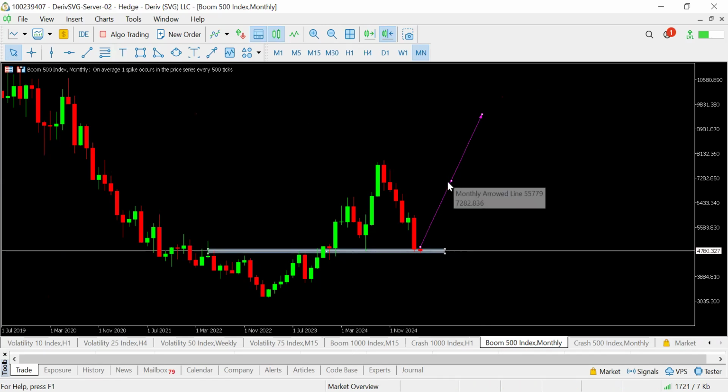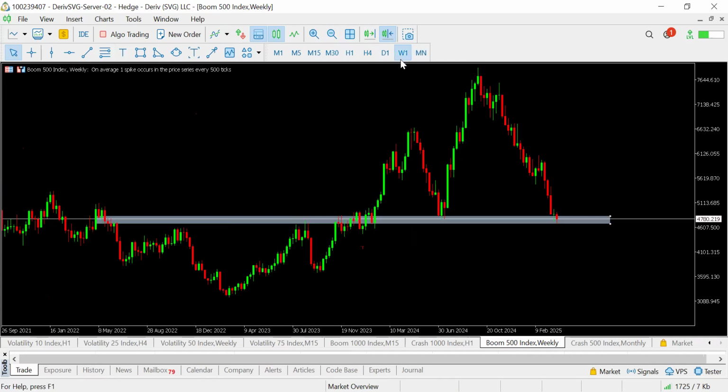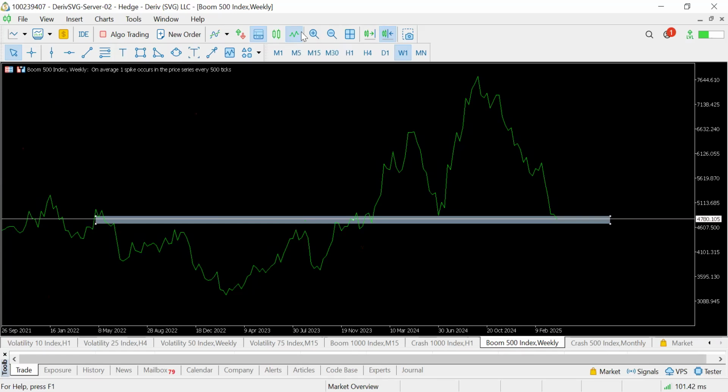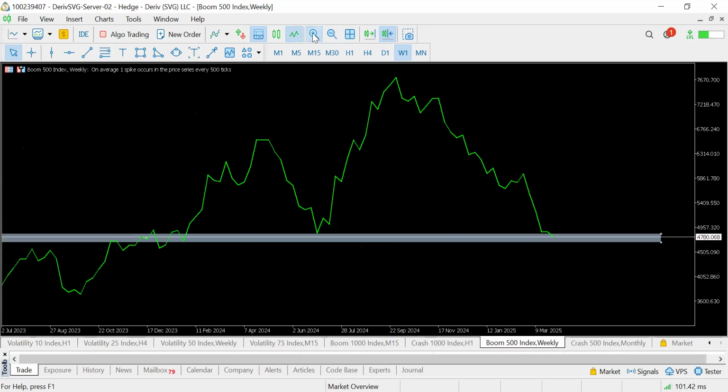So we'll now have to look for structures that relate to whatever we're looking at. So we'll go to the weekly time frame. Now, on the weekly time frame, what structure are we going to be dealing with? I'll simply go on the line chart, and you can see that the market has just been making lows.